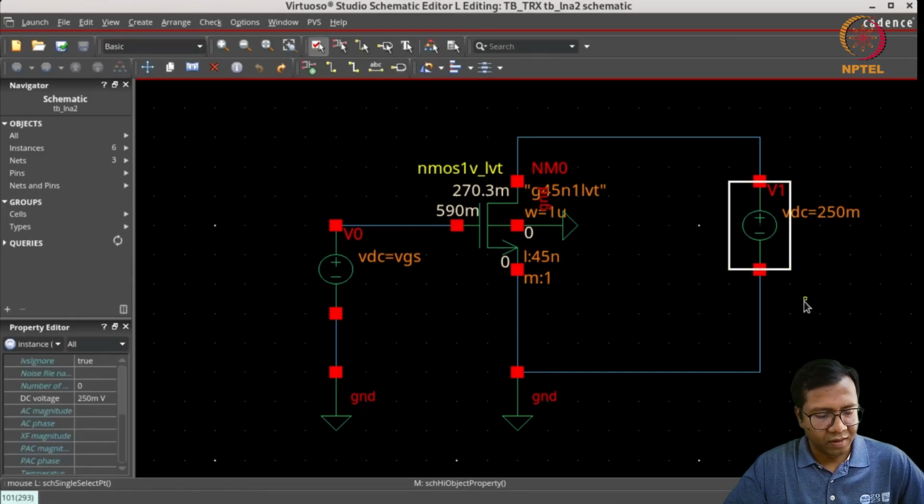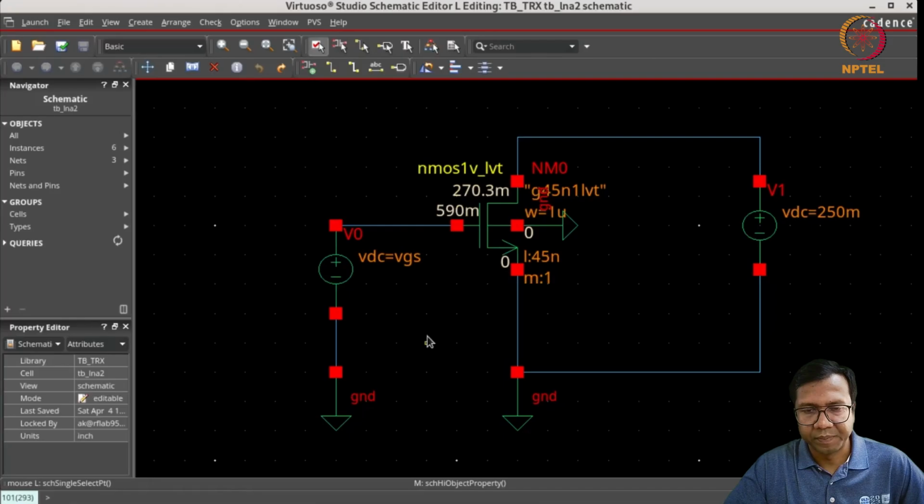So for this design, we are budgeting a headroom of 250 millivolts for this input element. So the optimum gate source voltage we are going to choose in such a way that the input element is going to have the minimum GM3. GM3 is also the third derivative of IDS versus VGS relationship for this MOSFET.